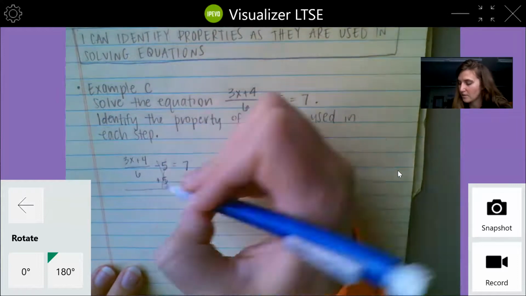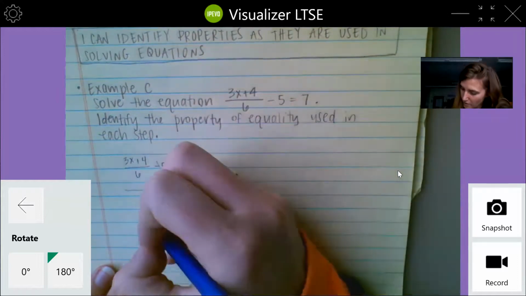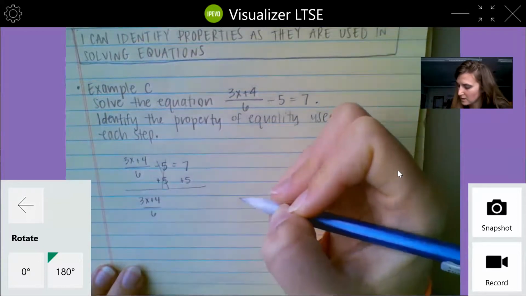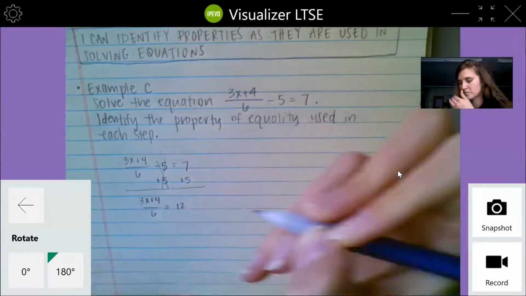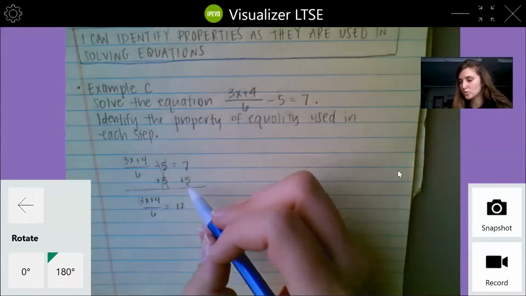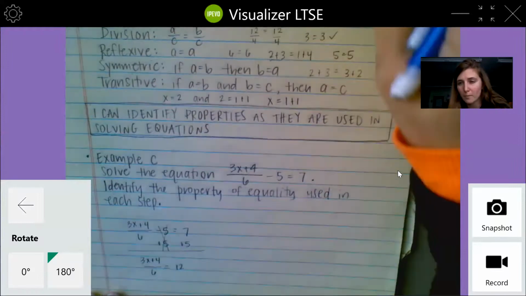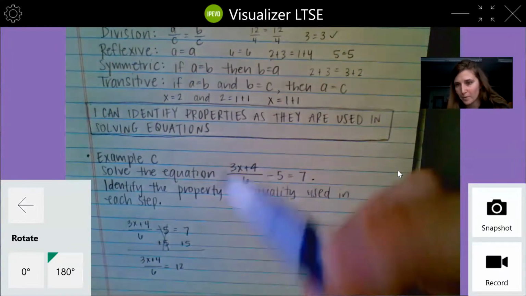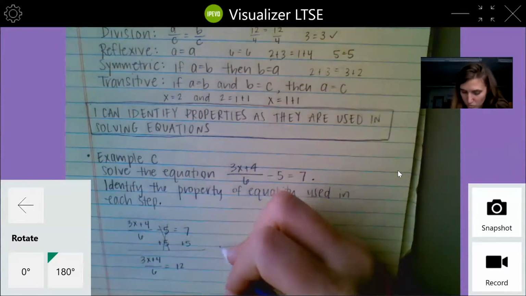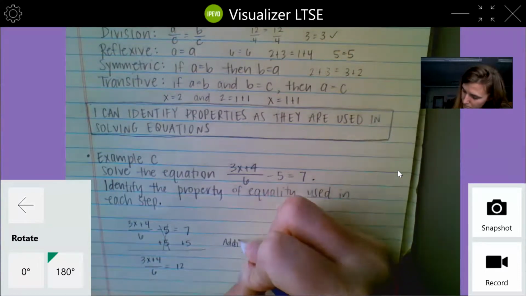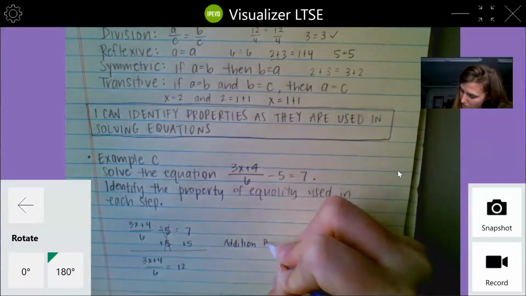These cancel out, and I'm left over here with 3x plus 4 over 6 equals 12. Well, I used the addition property of equality right there to do that.